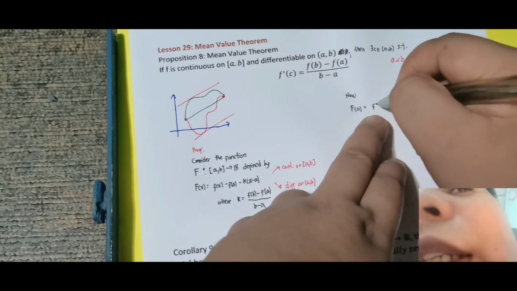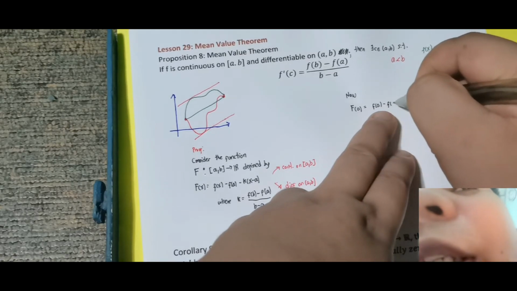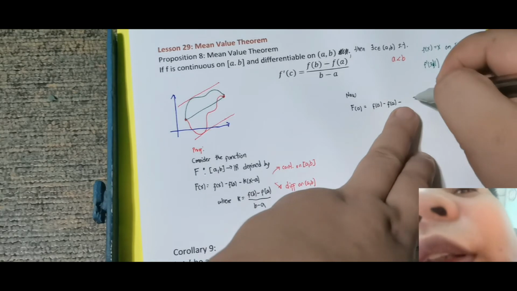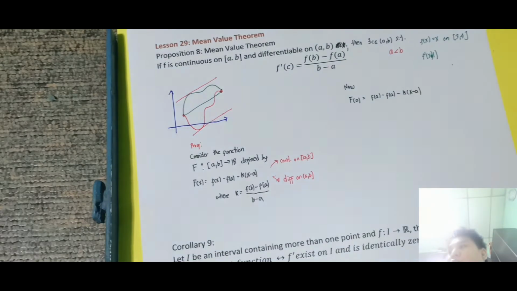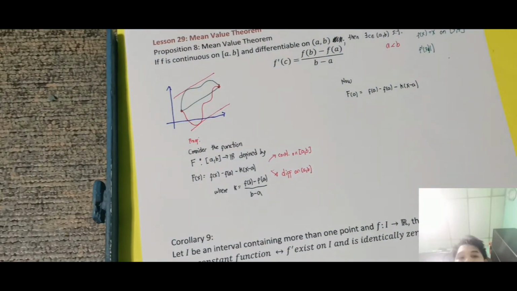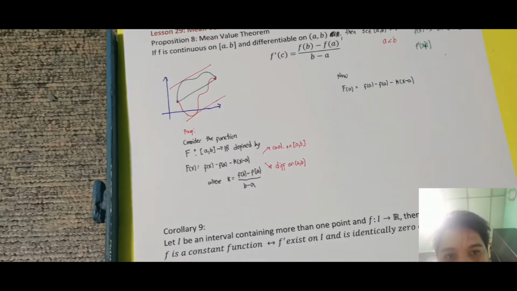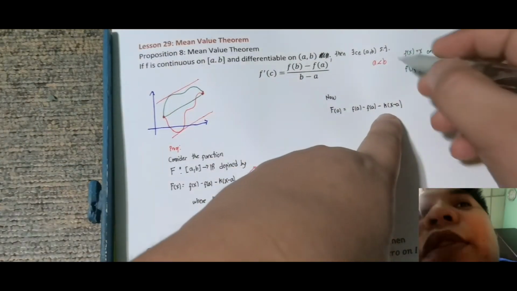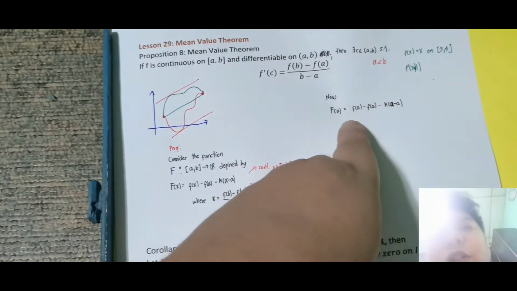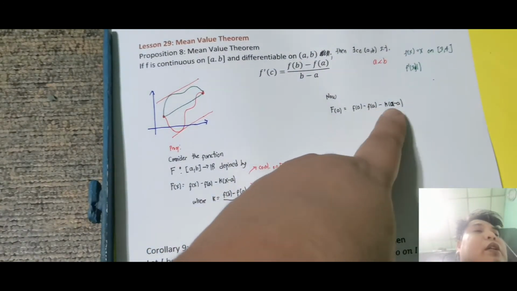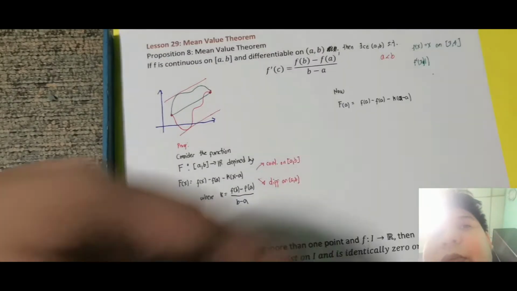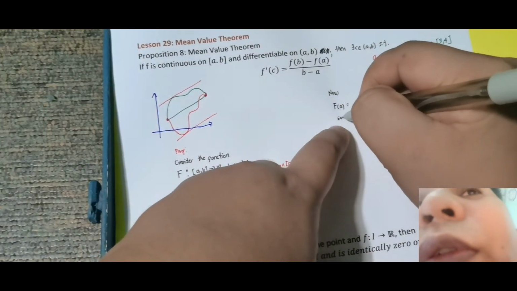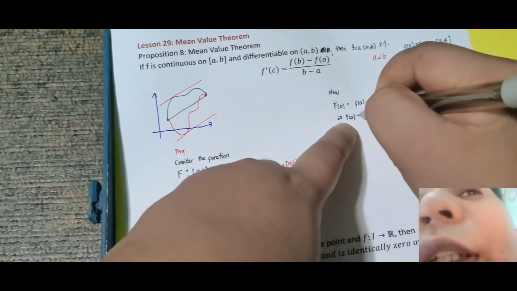So this is f of a minus f of a, minus k times x minus a, where x also becomes a. Obviously f of a minus f of a is 0, and a minus a is 0. So regardless of the value of k, that is always 0. So meaning F of a is equal to 0.